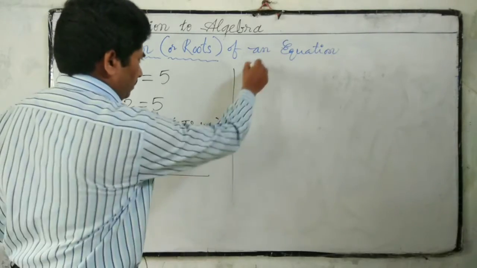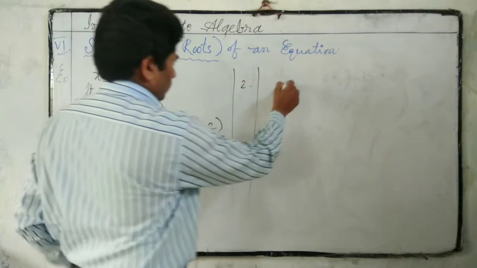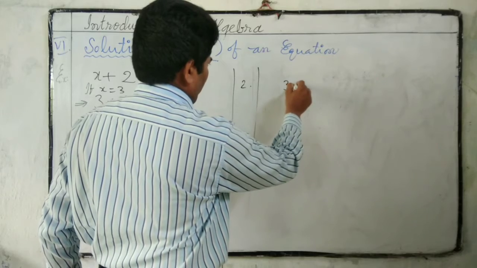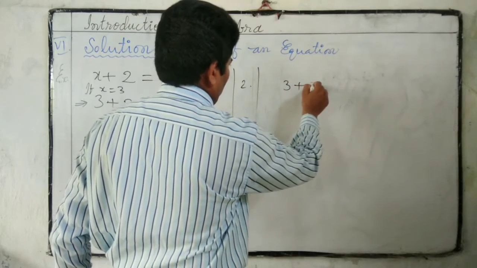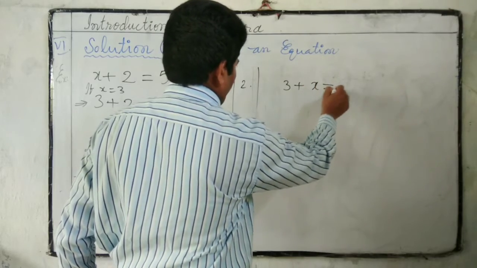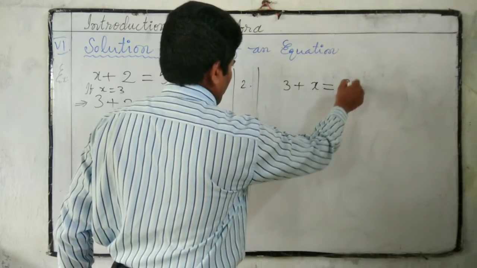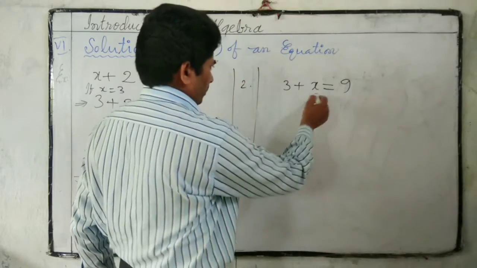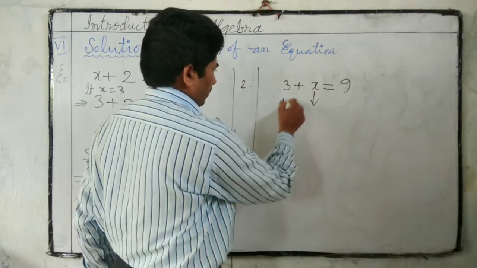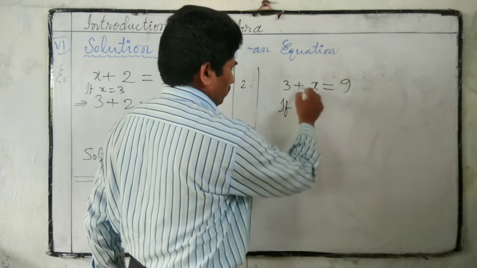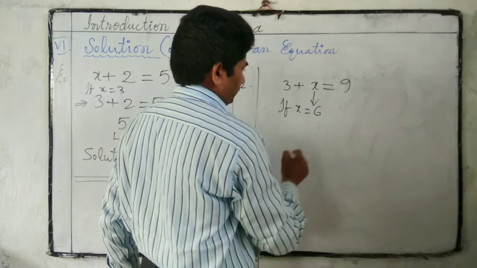One more example. 3 plus x is equal to 9. So x is equal to 6.